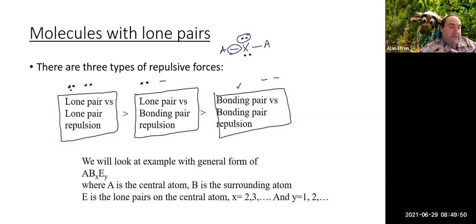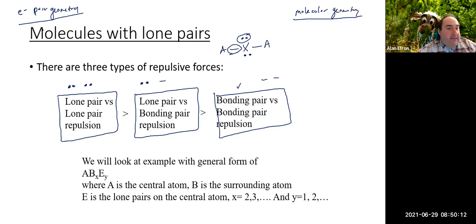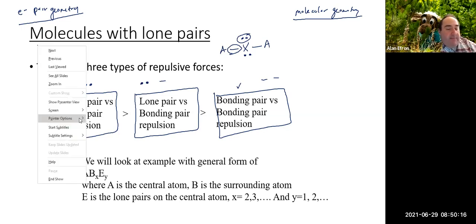So what does this really affect? Well, what it affects is we have basically two names. We have the electron pair geometry name, and we have the molecular geometry name. In terms of the electron pair geometry name, it has no effect. What I mean by that is it doesn't really matter what type of electrons you have.